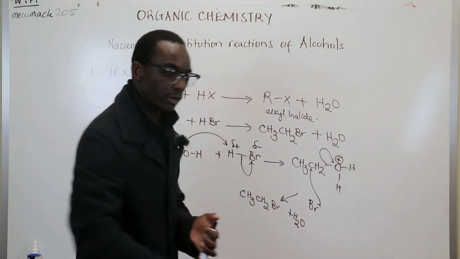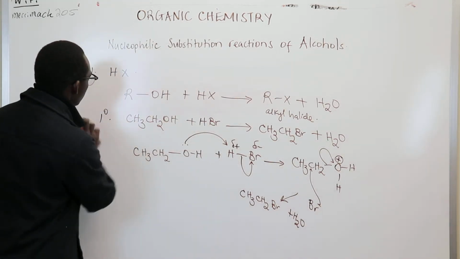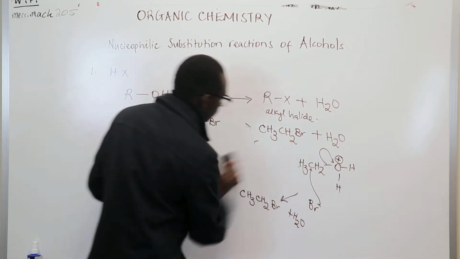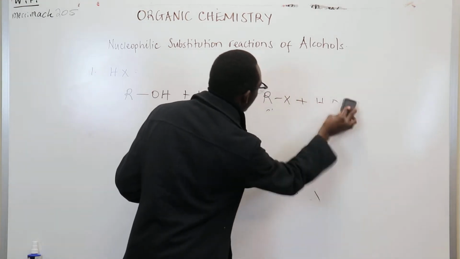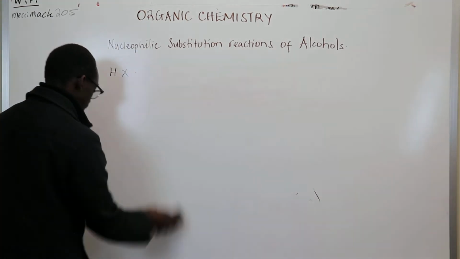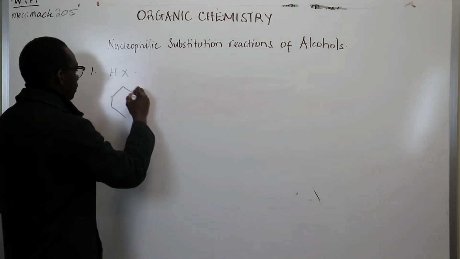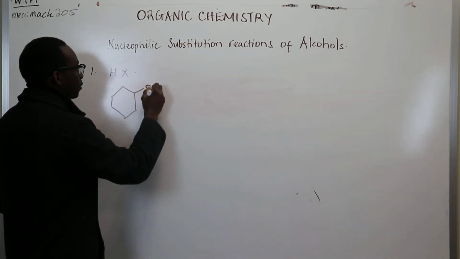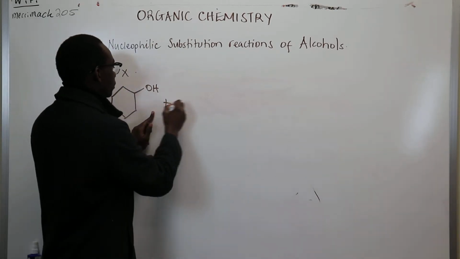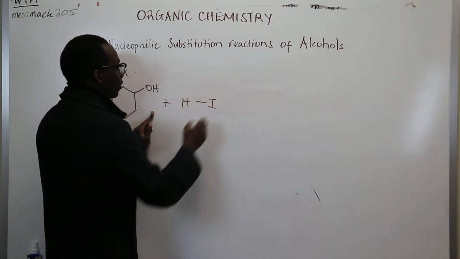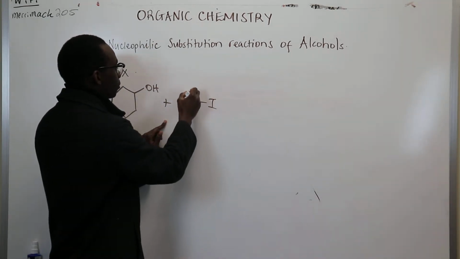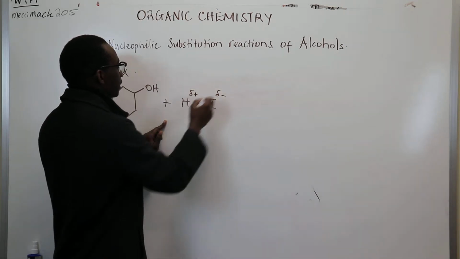Now let us see how secondary alcohols react with the hydrogen halides. A secondary alcohol such as cyclohexanol will react with hydrogen iodide. This bond is polar, partially positive, partially negative.